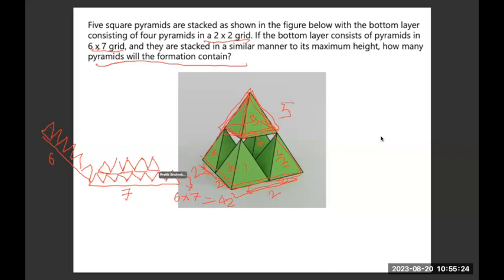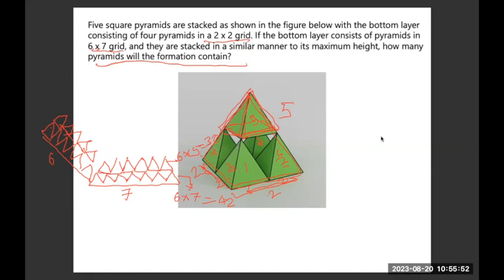One number will reduce. So on this side, there will be 1, 2, 3, 4, 5, 6, and on this side, 1, 2, so 5. 6 by 5, so 6 by 5 is 30.